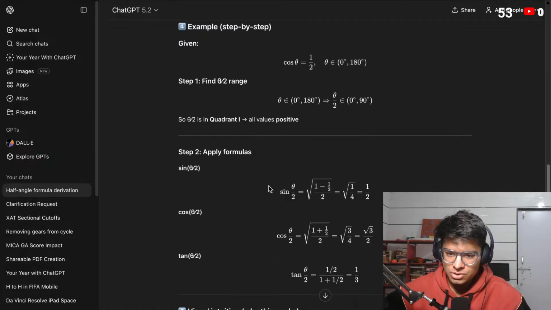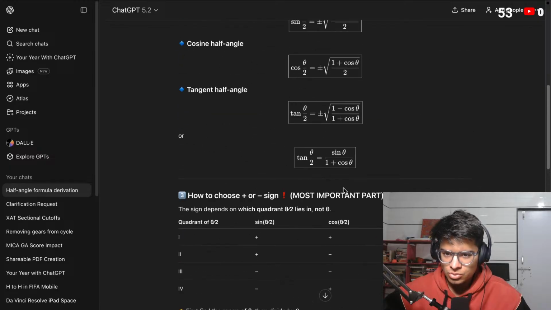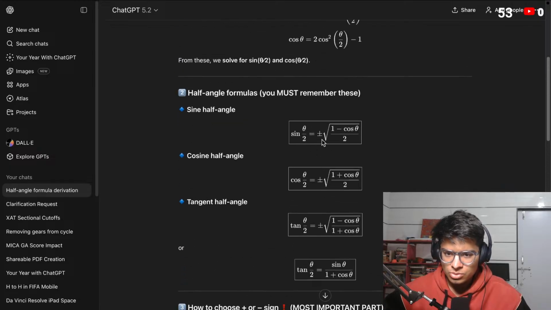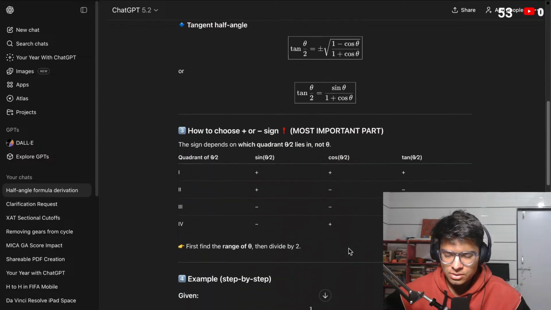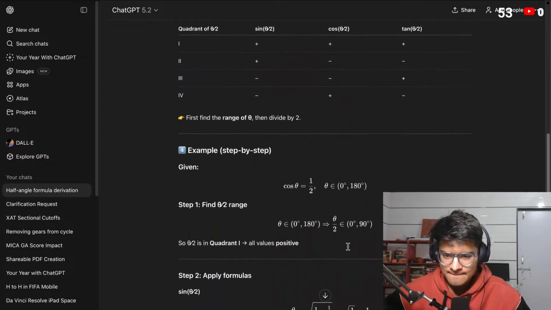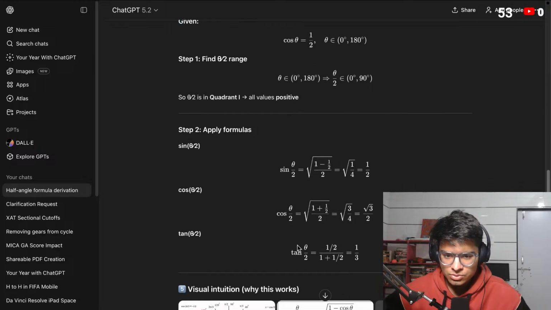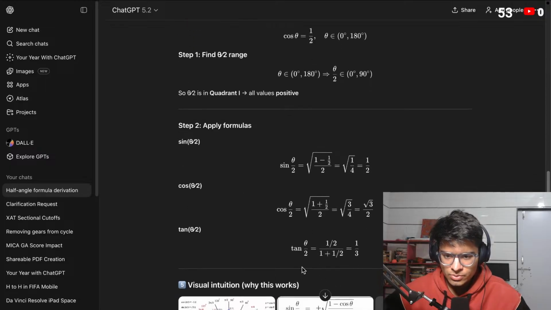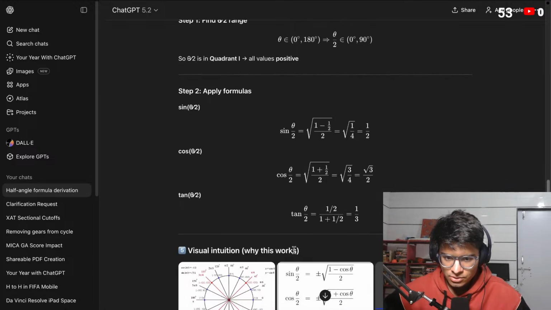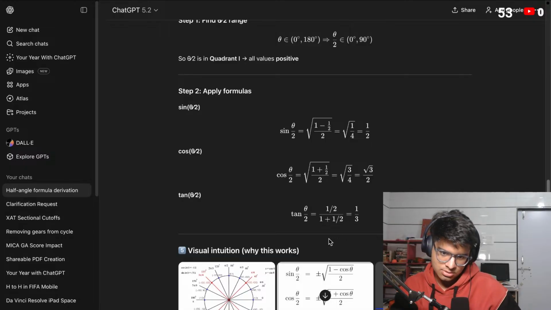Sin theta by 2 will be equal to plus minus root of 1 minus cos theta upon 2. So 1 minus 1 by 2, okay, root of 1 by 4 will be 1 by 2. So cos theta by 2 will be root 3 by 2. We get the hypotenuse and all the other values.